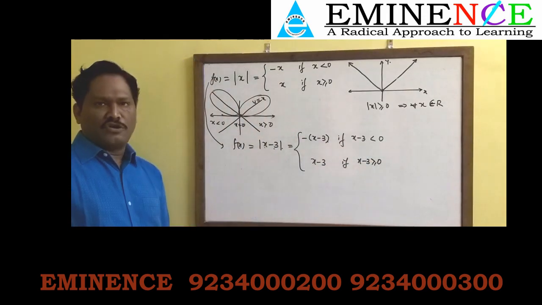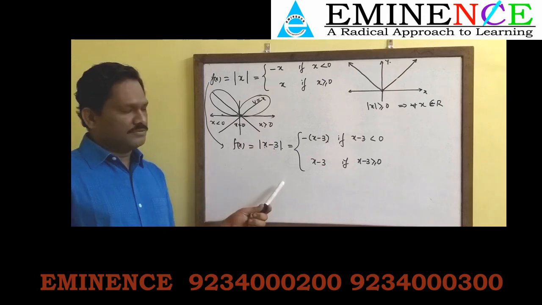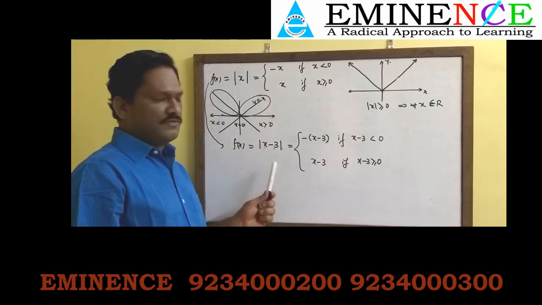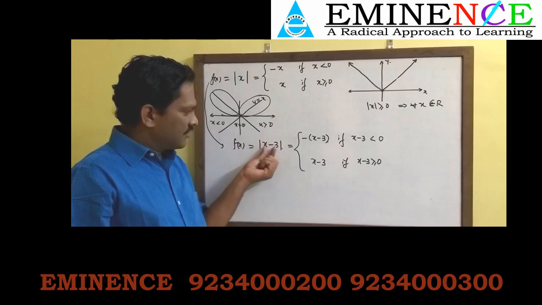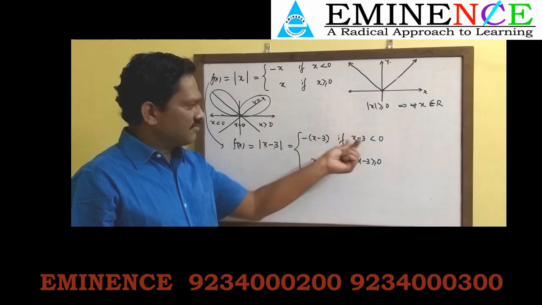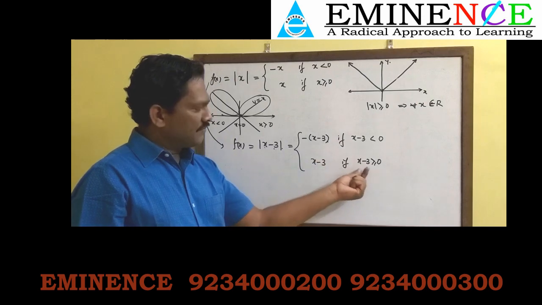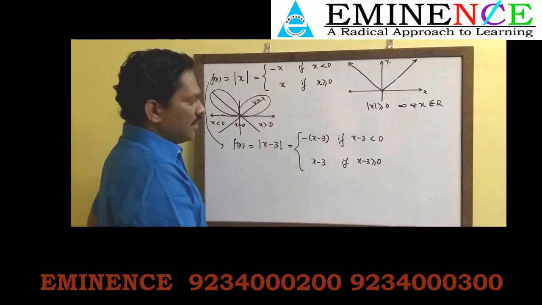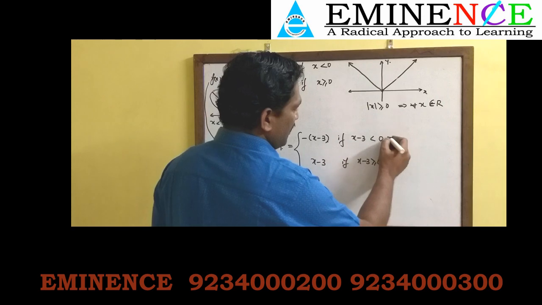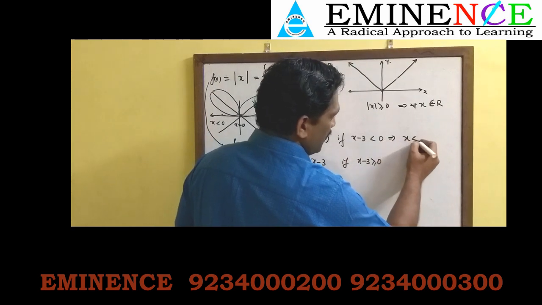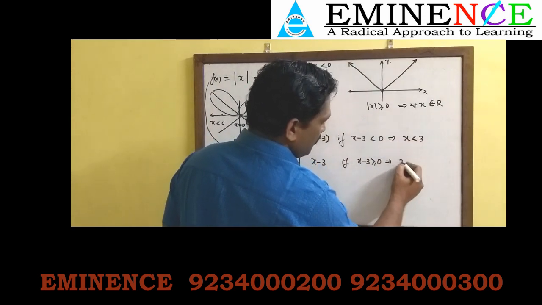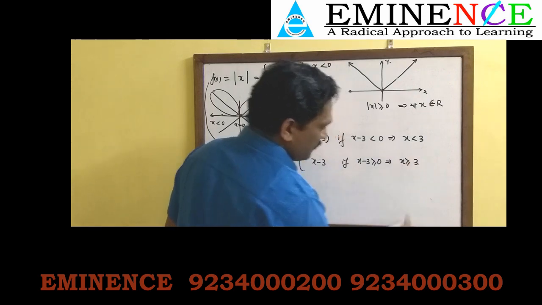See, I am just following the basic definition of modulus of f(x). Mod of f(x) is minus of f(x) if f(x) is negative, f(x) if f(x) is positive. Now, x minus 3 negative, what does it mean? x less than 3. And x minus 3 positive means x greater than or equal to 3.